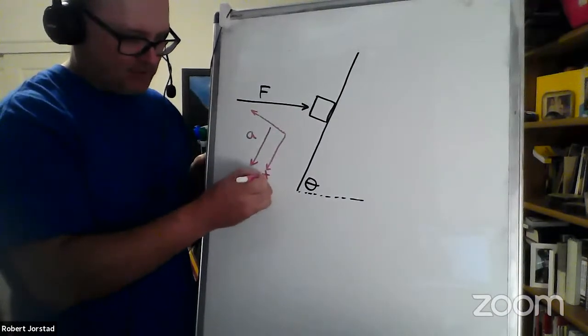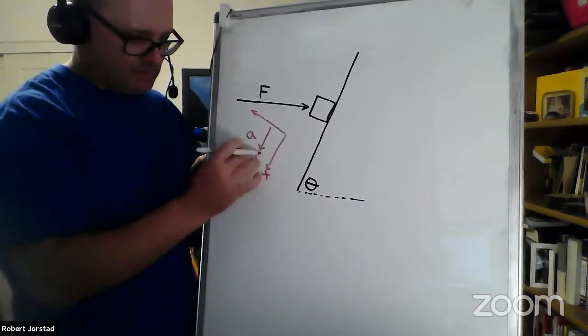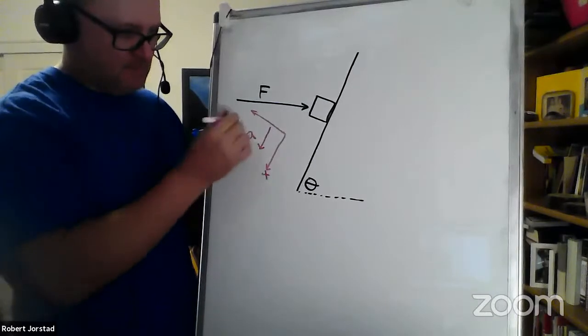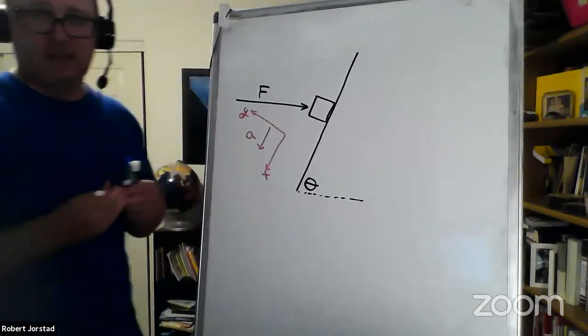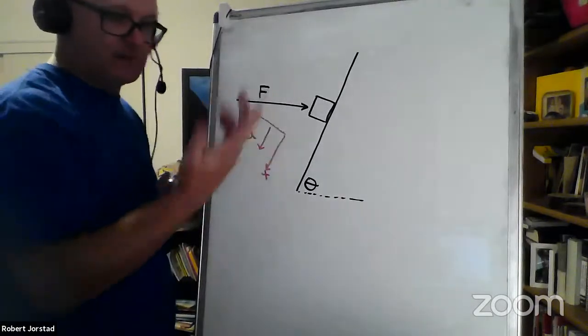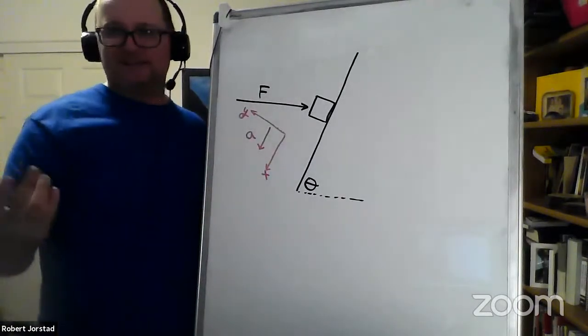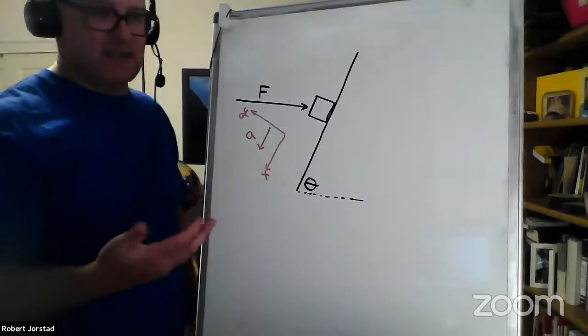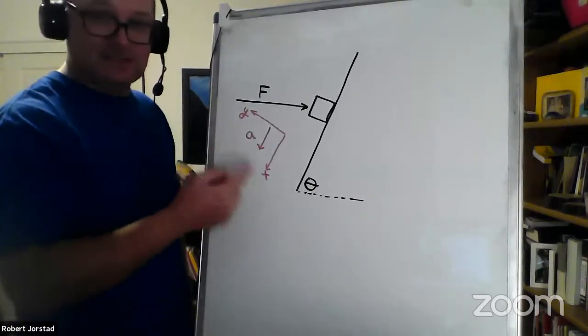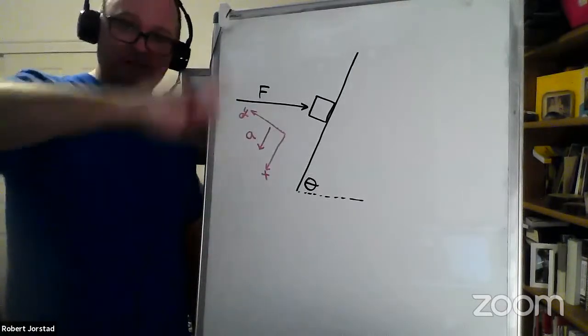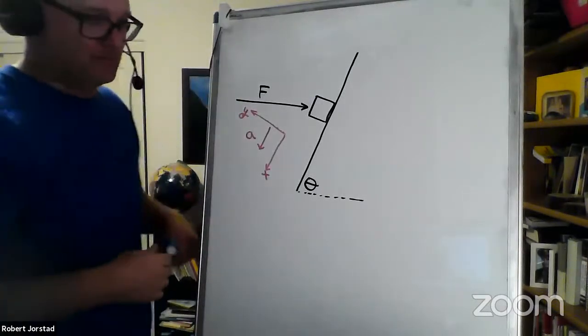So that's my X direction. I'm going to shorten this up so it fits better. And the Y direction. So I want to use this coordinate system. Notice you could have said X is going up the plane, but it doesn't matter. We know you get the same answer regardless of the coordinate system you use. Remember, the coordinate system doesn't matter. The elevator problem with the coordinates up versus down, we got the same answer.